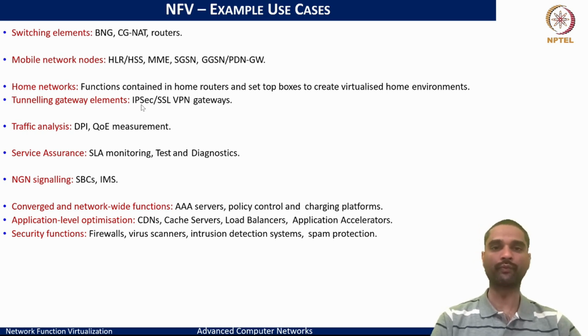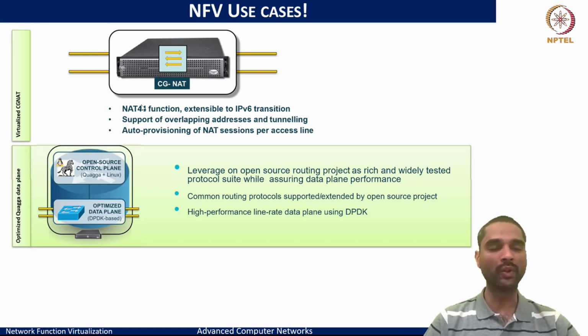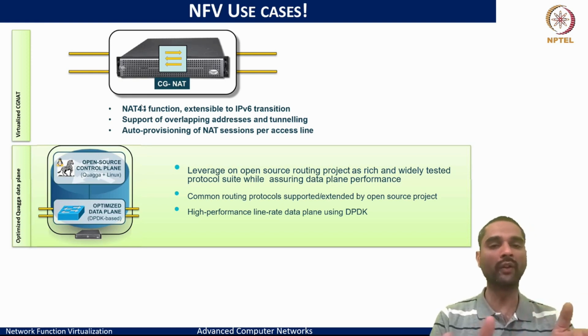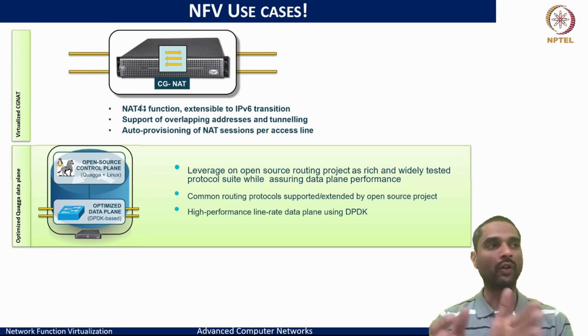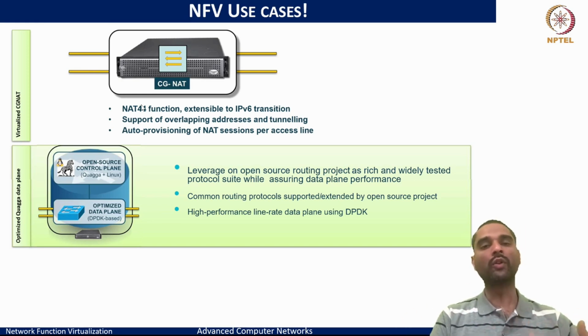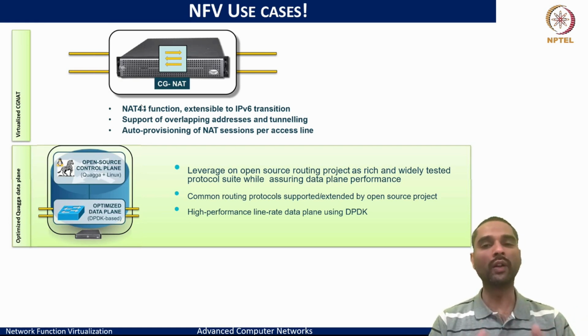In essence, if we look at this NFV use case as a carrier grade NAT, we can build the NAT44 function, which is a software function that would manage a table which would keep the lookup of the public and private IP and manage the setup for translation within IPv4. And it could also be the same device that we can use when we want to tunnel and use IPv4 and v6 devices.